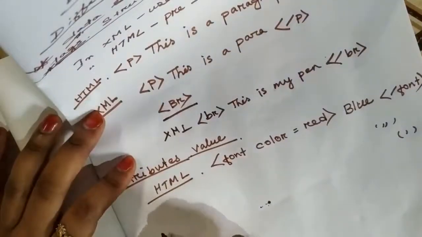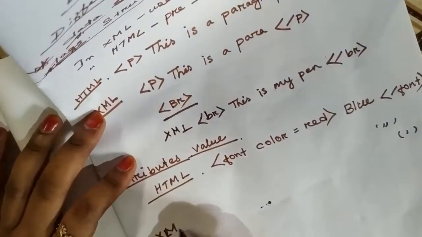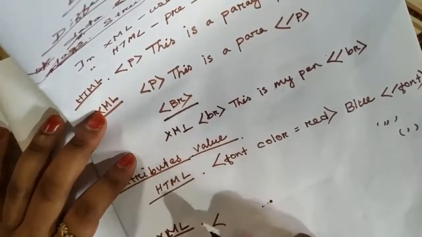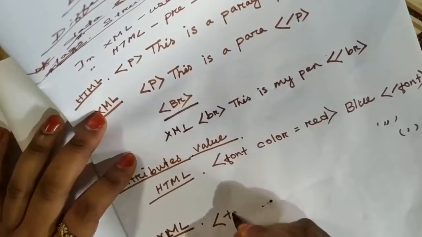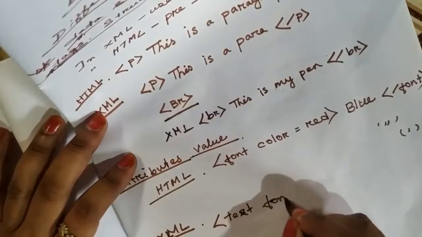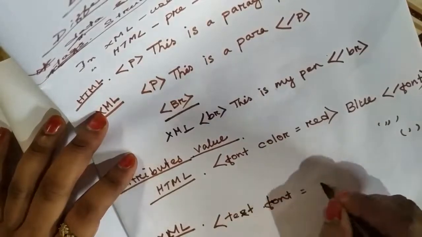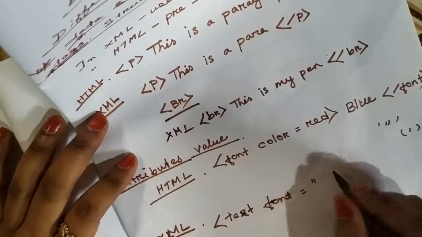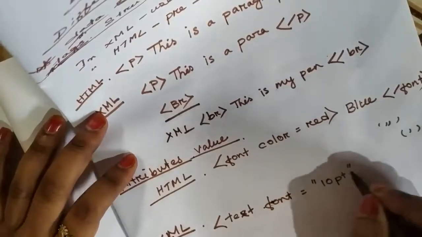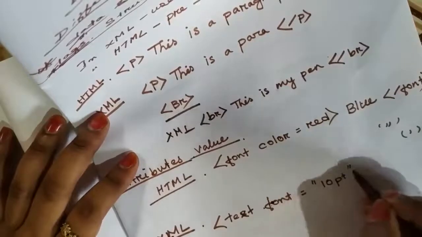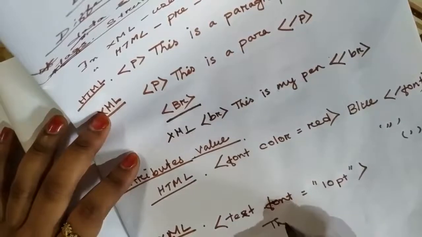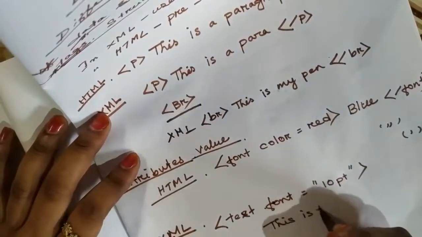But in XML, what happens? In XML, you always have to give double quotation. Suppose text font, suppose 10 point, and see, I have given double quotation, and then this is the value, this is the block.